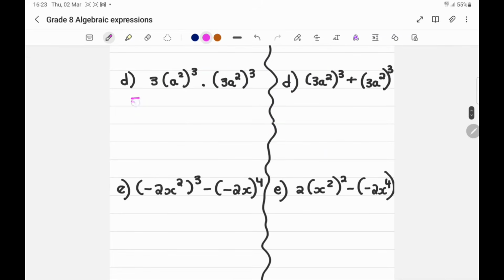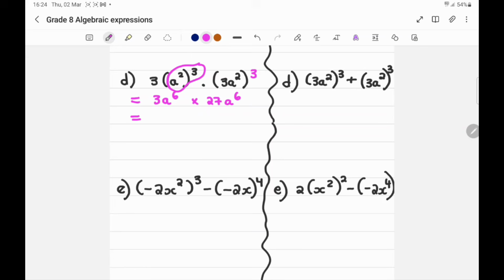All right, over here, 3a to the power 2 raised to a further 3 is a to the power 6. And 3 times a to the power 6 is 3a to the power 6. Times a 3 raised to a power 3 gives you 27. A 2 times 3 is 6.